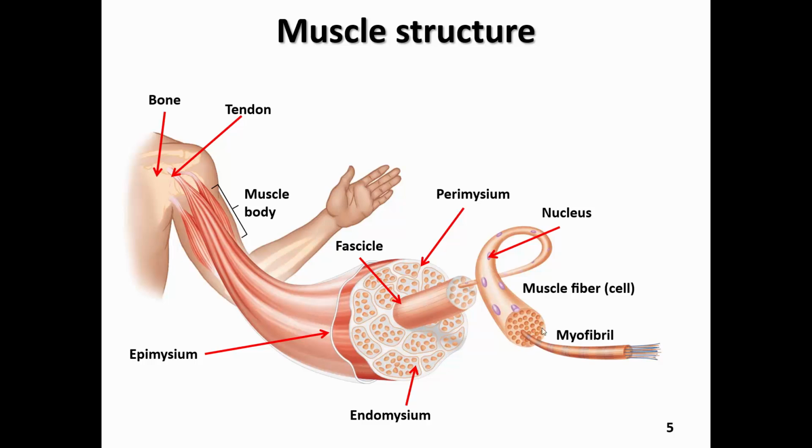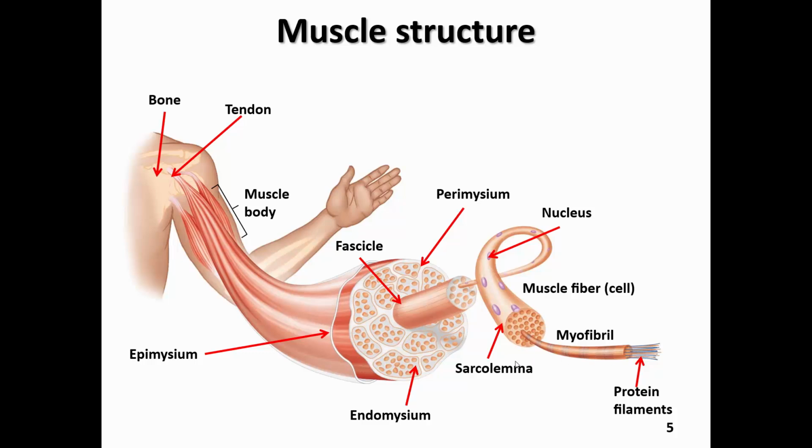And inside the muscle fiber, there's still another layer of organization, and that is called the myofibril. The myofibril is made up of protein filaments, and these are contractile protein filaments. When these protein filaments interact, that is when force is produced.